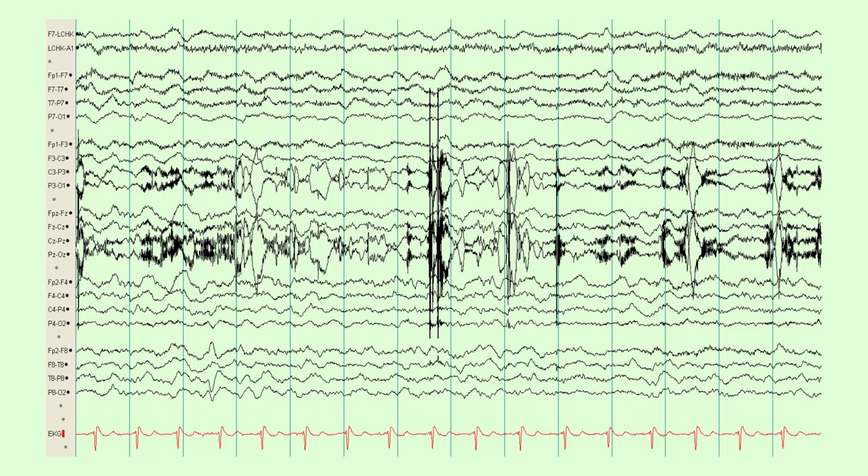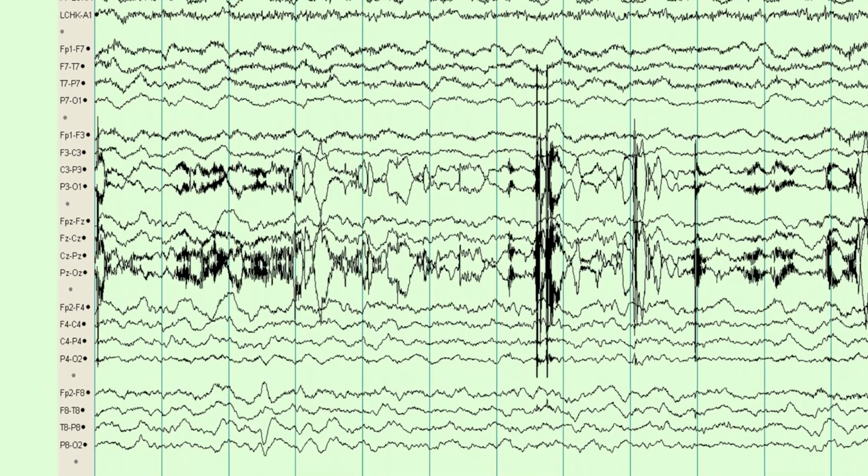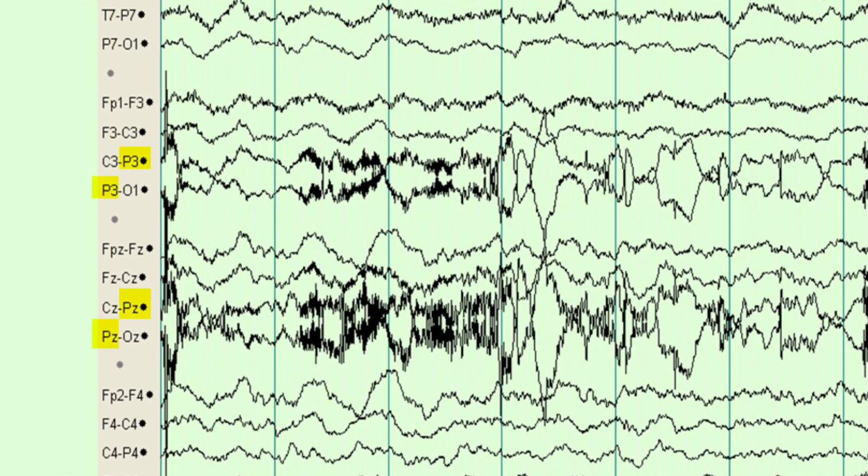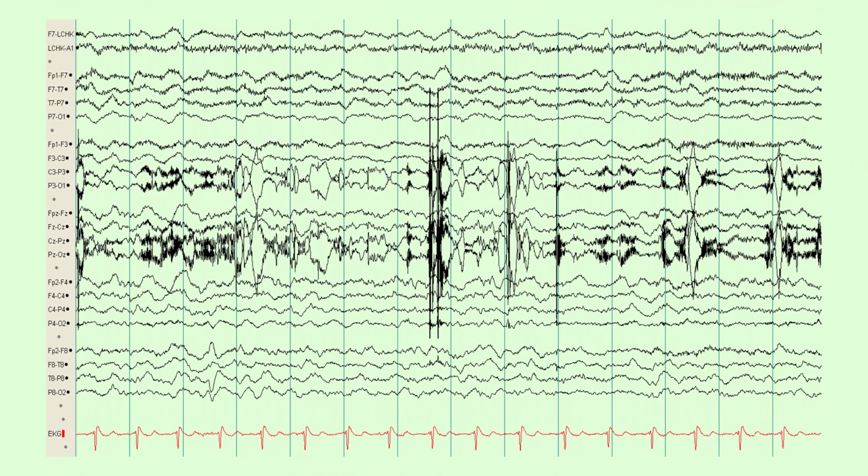You can see that the channels or lines that are involved are the P3 and PZ electrodes. Each channel records between two electrodes, so even one electrode with poor impedance can affect several channels, which means if there are several electrodes with poor impedances, this can obscure the entire EEG.